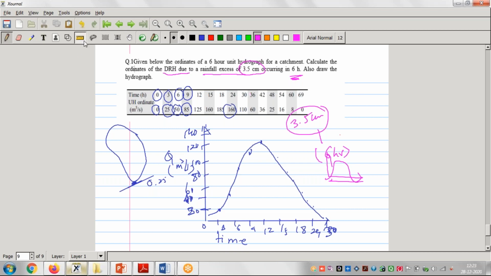Just see here. This graph which we have drawn here is the 6-hour unit hydrograph. Is it okay? Because it is given in the question: the 6-hour unit hydrograph ordinates are given. What is this ordinate?